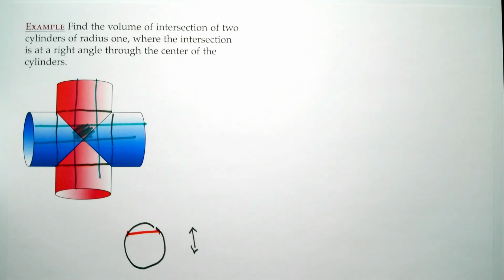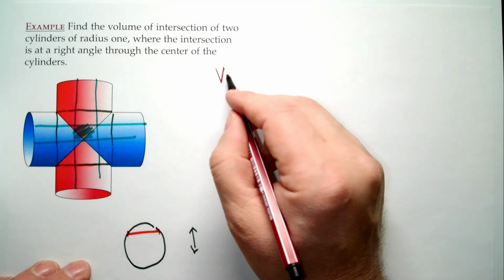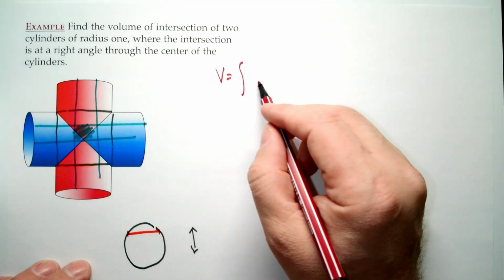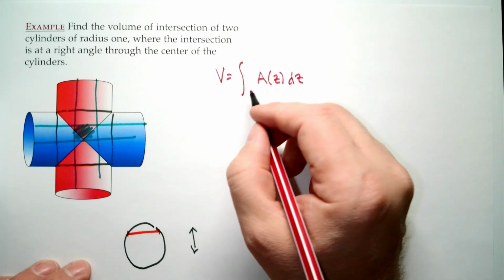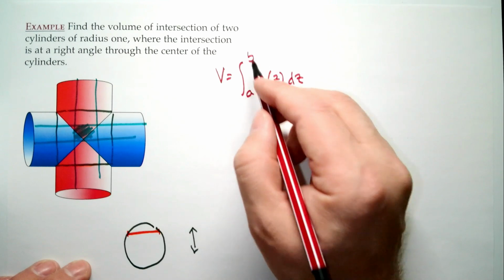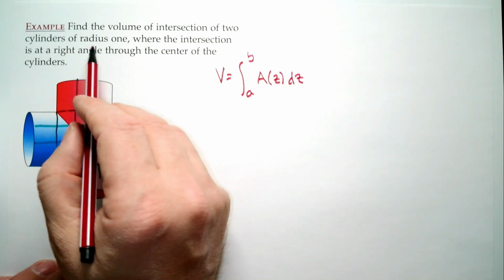Now that's good news for us, because what's the area of a square? Yes, length times width is length squared, right? Okay, so here we go. We're going to say that the volume is the integral of area, I'll call it z, because I'm going to think about moving up and down in the z direction, from a to b. Now, we know a couple of things.